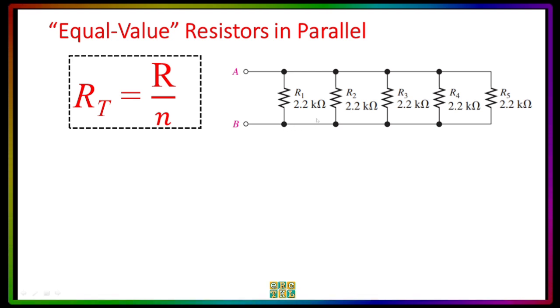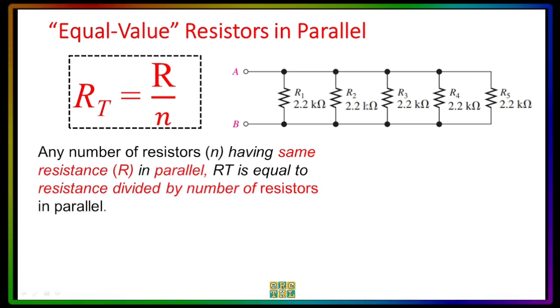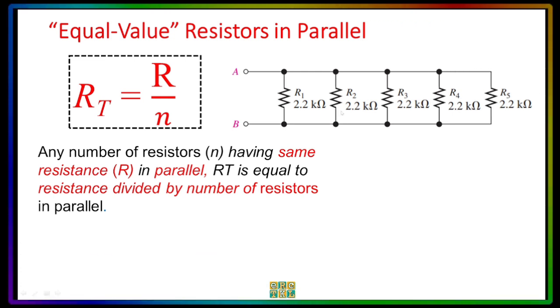Now, if you have more than two, like in this case, but the resistors have all the same value, as you can see, R1, R2, R3, R4, and R5 are all the same 2.2 kilo ohms, then you can simply divide the R by the number of resistors. So for any number of resistors having the same resistance, the R total is equal to the resistance given divided by the number of resistors.